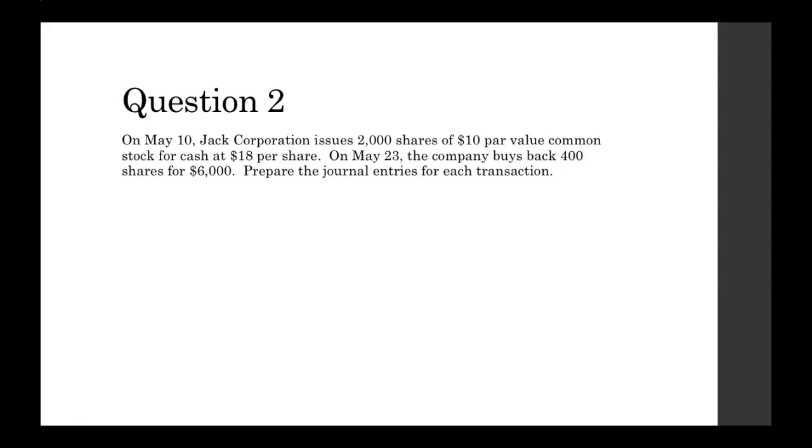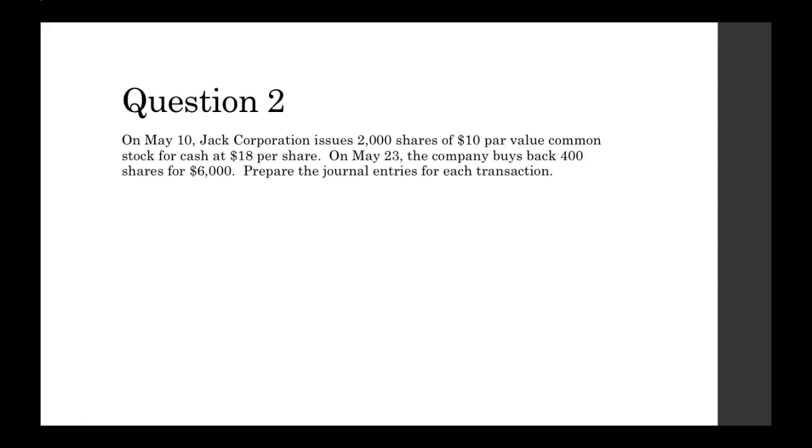So you'll remember, we have a few different kinds of stock that you learned about. We have common stock, preferred stock, and treasury stock. Common and preferred stock are shares of stock that you issue and other people buy them to invest in your company.